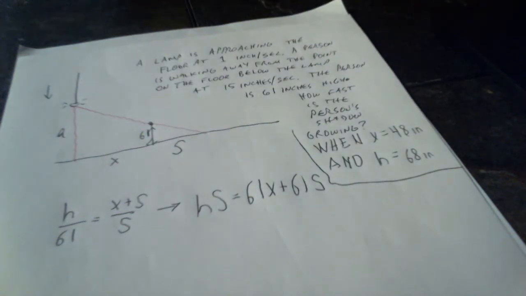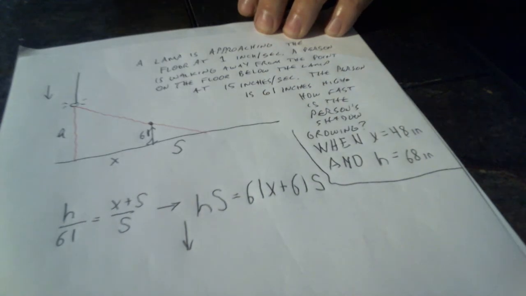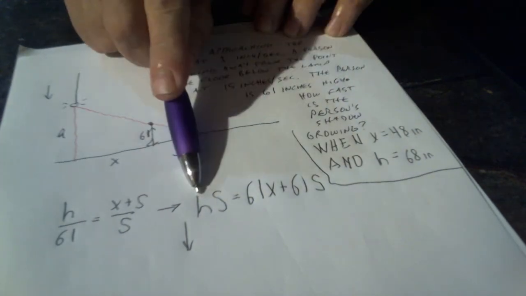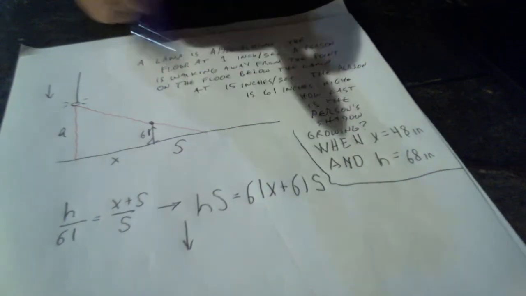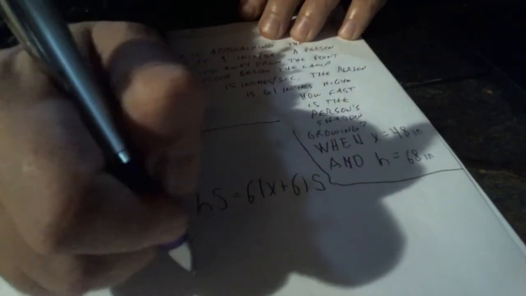All right. So now I can hit this thing with my derivative with respect to time operator. I'm going to have a product rule here, but the other side is just a constant times a variable. So let's see if we got everything.